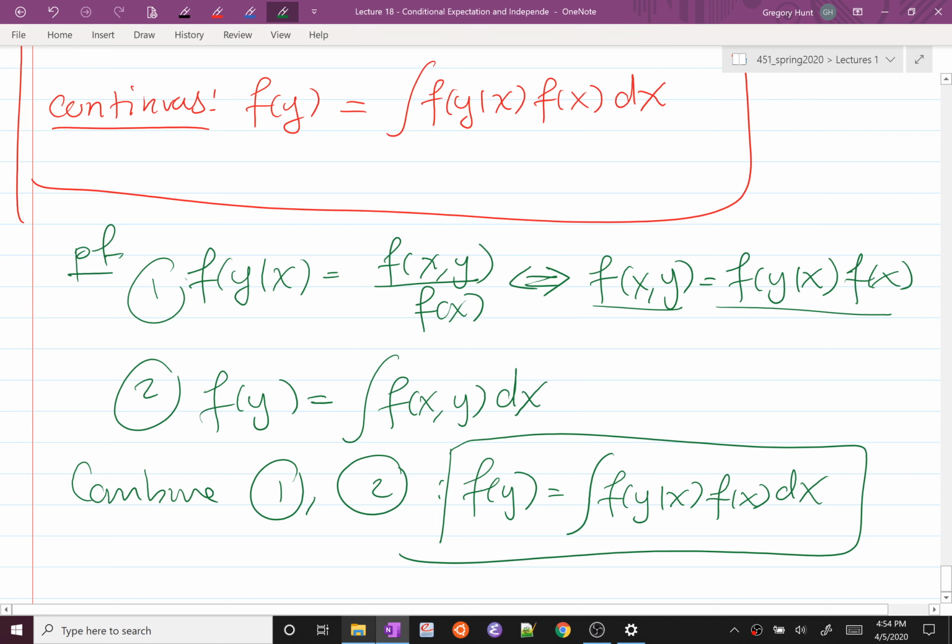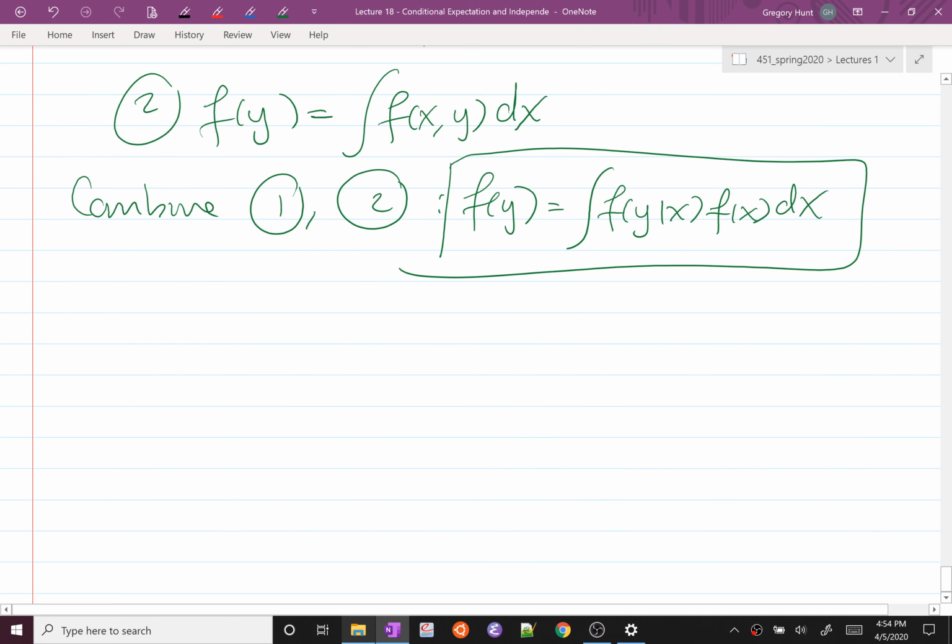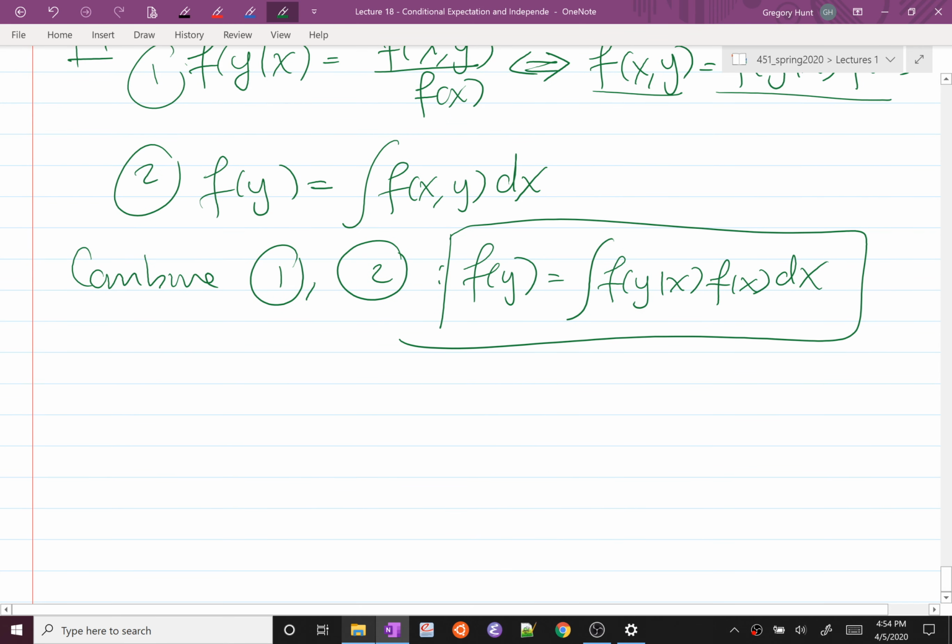Okay, let's look at some examples, in particular of this law of total probability. It allows us to do some real fun problems. Specifically, I can specify the marginal of x and the conditional of y given x, and I can get the marginal of y. So here's a classic example.